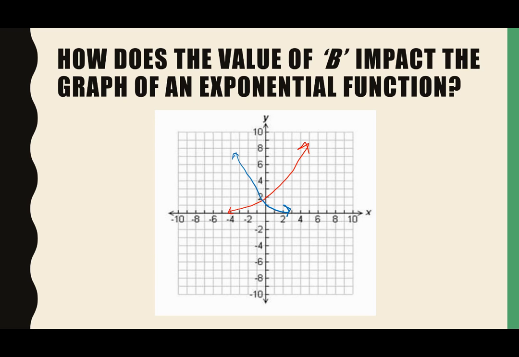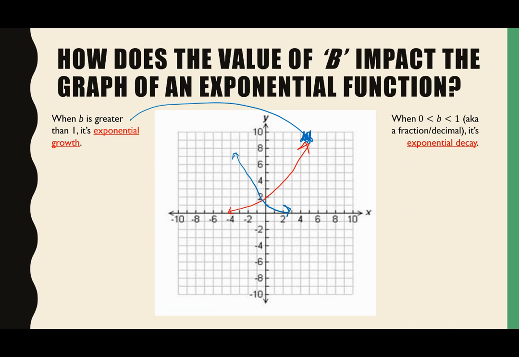Horrible sketch, but you get the idea. So when b is greater than 1, it's exponential growth. Okay, so that's this graph right here. And then when b is a fraction, it's going to be called exponential decay, and that corresponds to this graph.